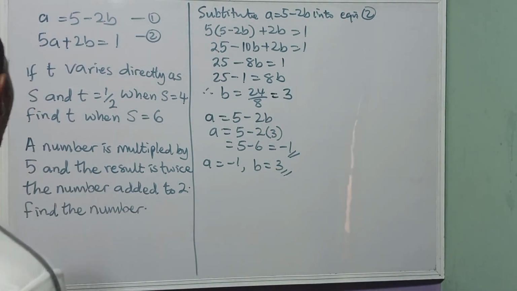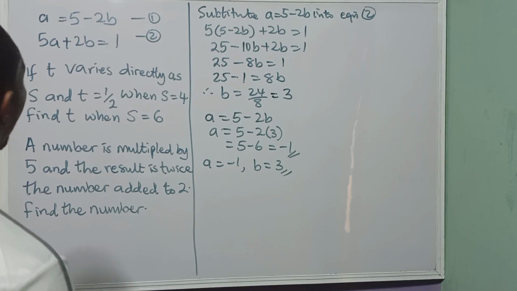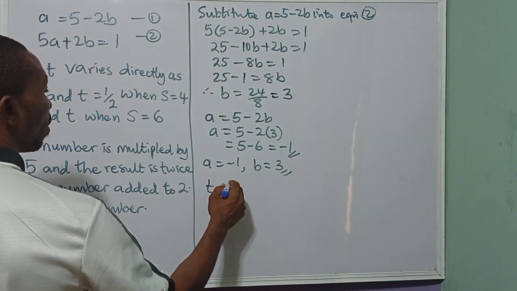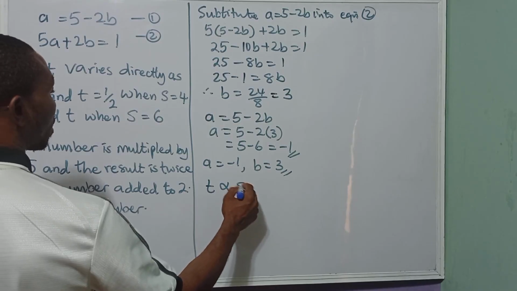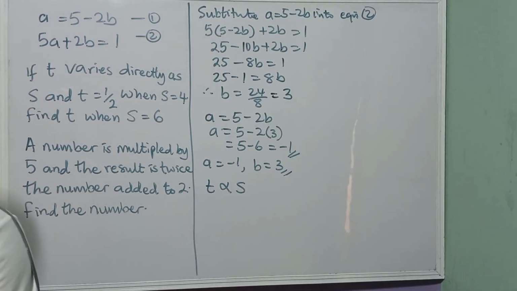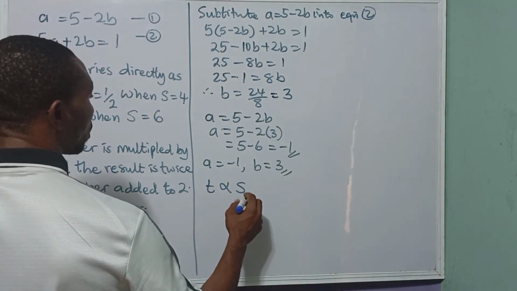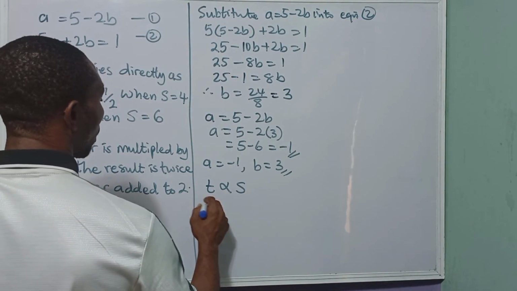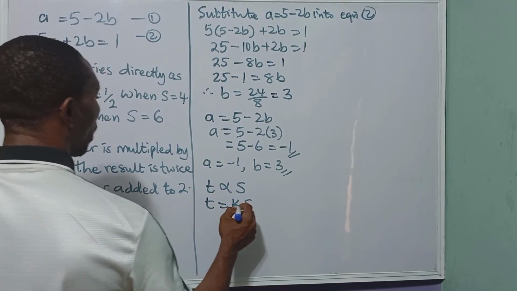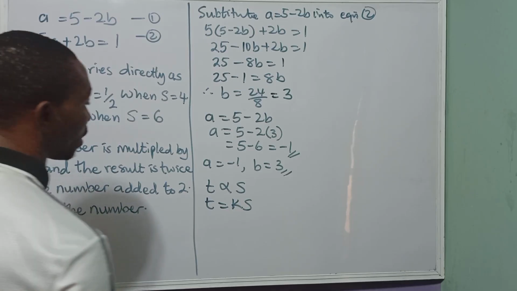Alright, and the next question says, if t varies directly as s, and t is half when s is 4. So this becomes t equals ks, where k is a constant of proportionality.